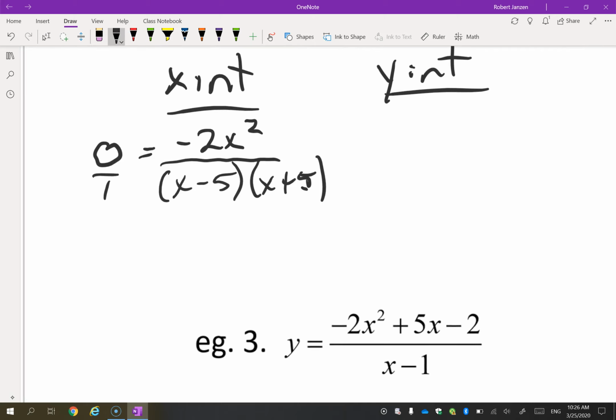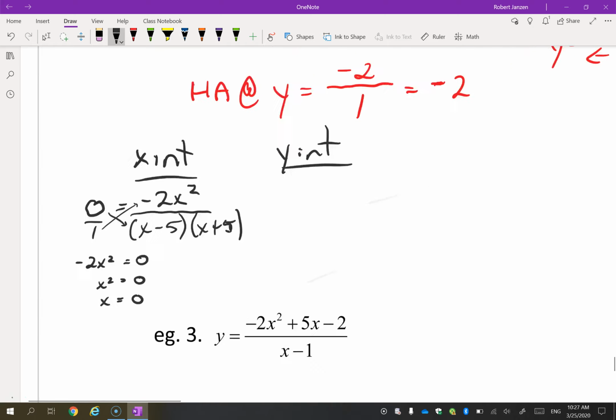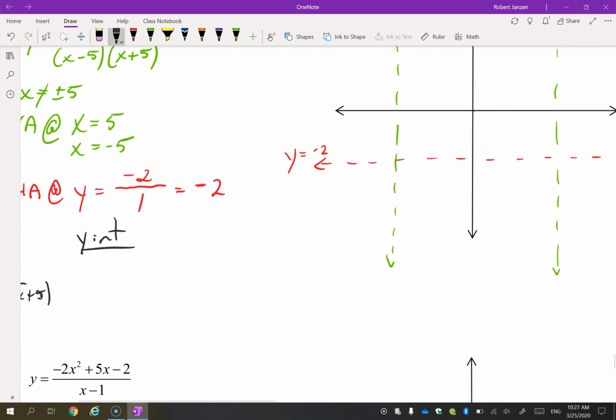Well, let's turn this into a fraction and cross multiply. If I cross multiply, I get negative 2x squared, and on the other side I get 0. So, divide by negative 2, x squared is 0, take the square root, x is 0. There is an x-intercept at 0. Put that there.